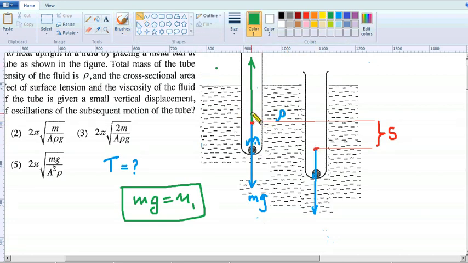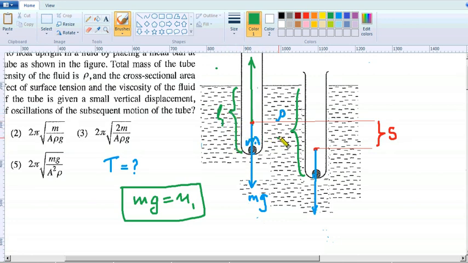So how to mark this upthrust? Should I take the same length? No, it is wrong if I mark like this, because now the length in water is greater than the previous one.